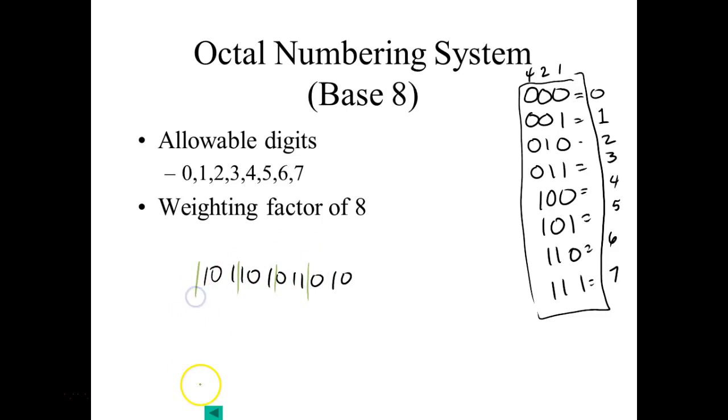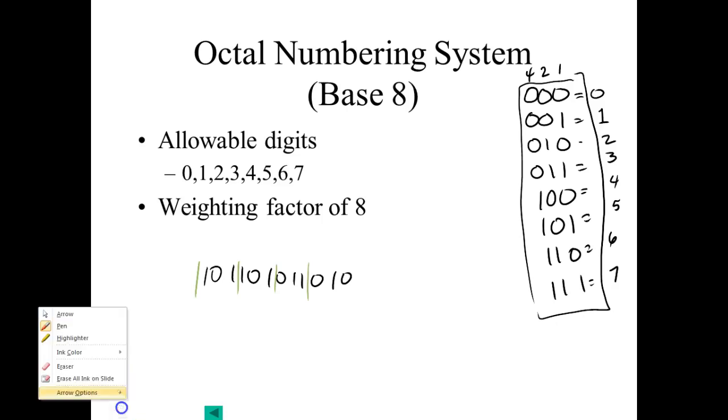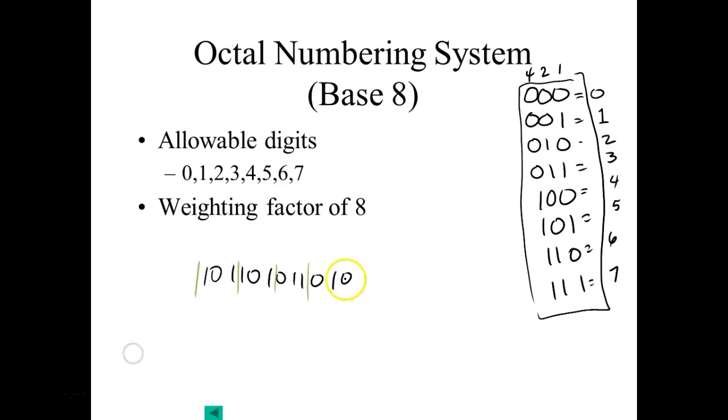Now this one worked out. If it doesn't come out to a group of 3, I just pretend there are zeros on the left-hand side, because that's not going to change the weight of the number. Then I just write down the octal equivalent of each group. So this would be a 5, 5, 3, 2, and that's base 8. I guarantee you if you took those two numbers and converted them to decimal, they would be exactly the same.